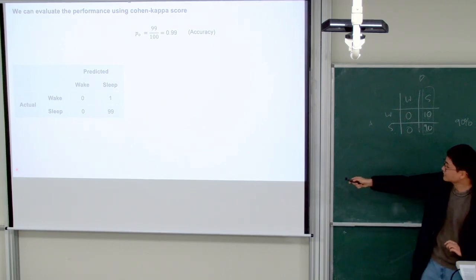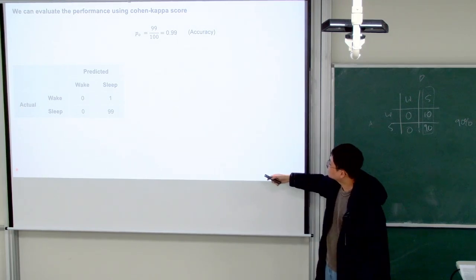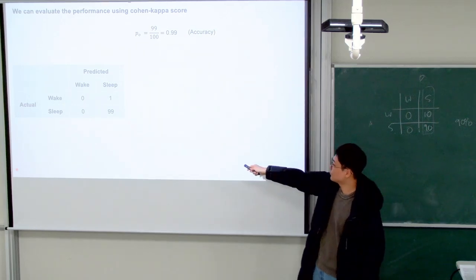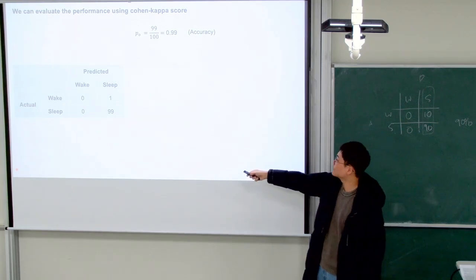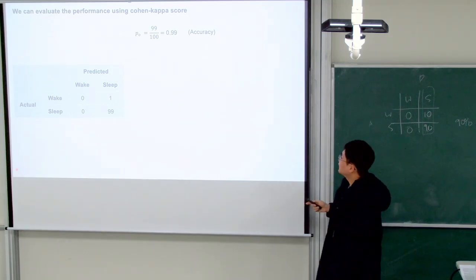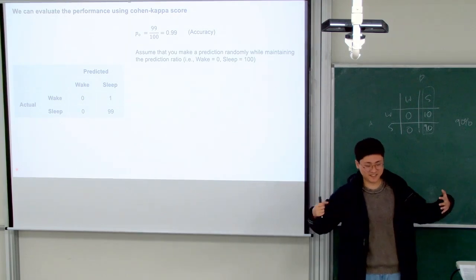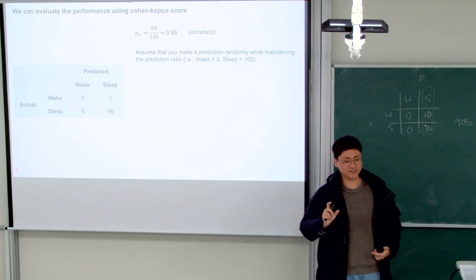So let's assume this very bad case. We predict the whole thing as sleep, but actually sleep is 99 and wake is 1. So the accuracy is 0.99. But there's a possibility that we just occasionally got the answer correct.